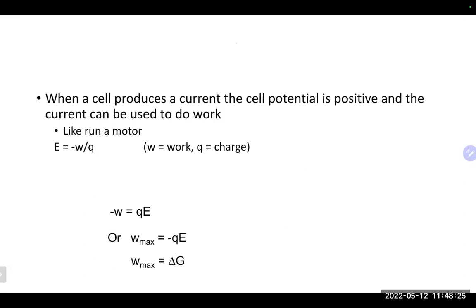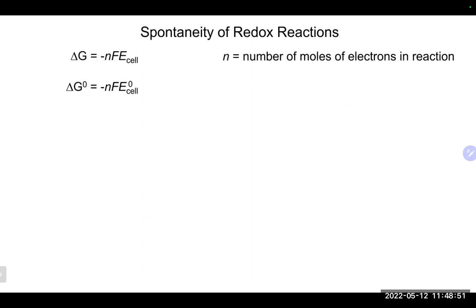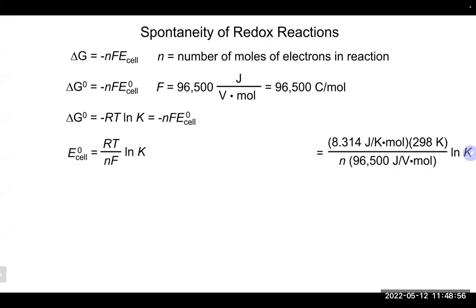The take-home message is that the maximum amount of work that we could do is equal to the Gibbs free energy. So there is a relationship that we can apply between the cell voltage and Gibbs free energy to help us understand whether or not a reaction may be spontaneous or non-spontaneous. And the equation that ties those two together is delta G is equal to minus nFE.